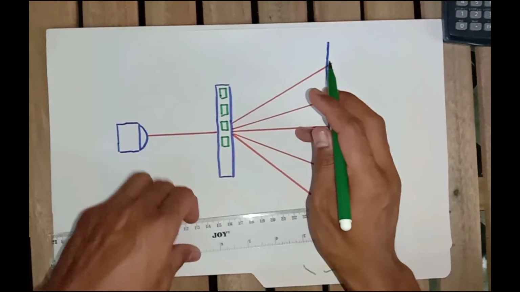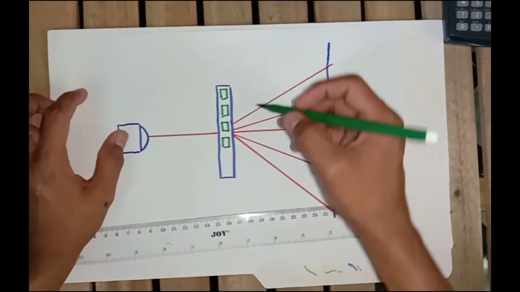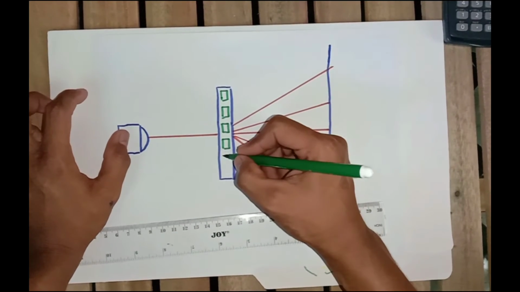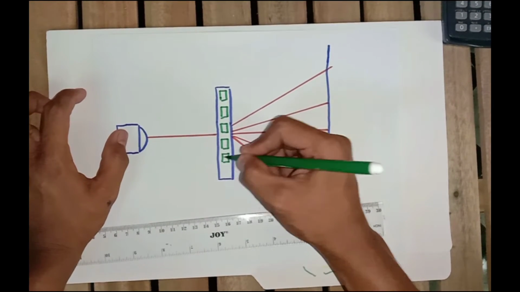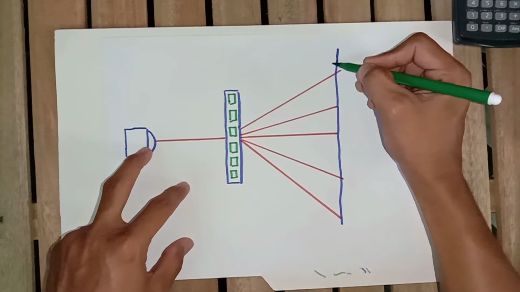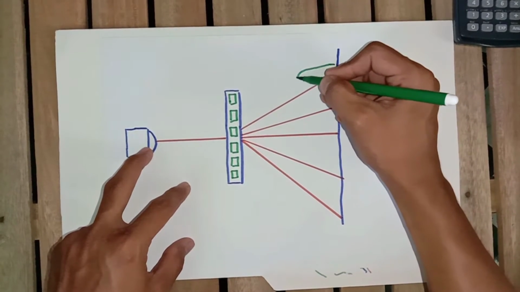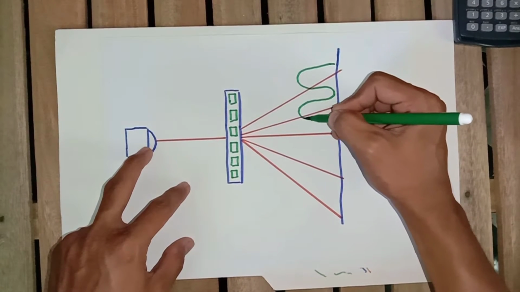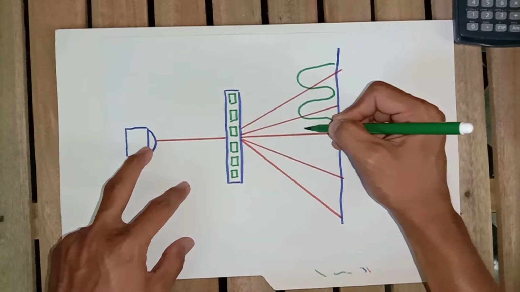When we look closer to it, this is what happens. There are multiple slits inside the diffraction grating, and the different intensity of light will be divided into separate wavelengths.